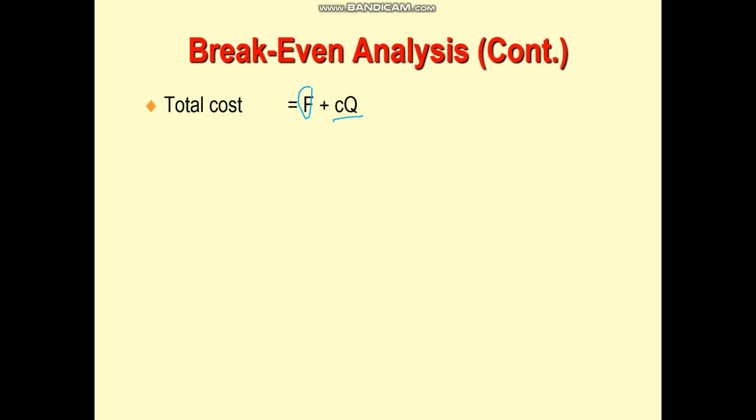So variable cost, as we know, is affected by the production quantity. So here Q is production quantity and C is the unit cost. So the total variable cost is equal to unit variable cost times the production quantity, plus the fixed cost.